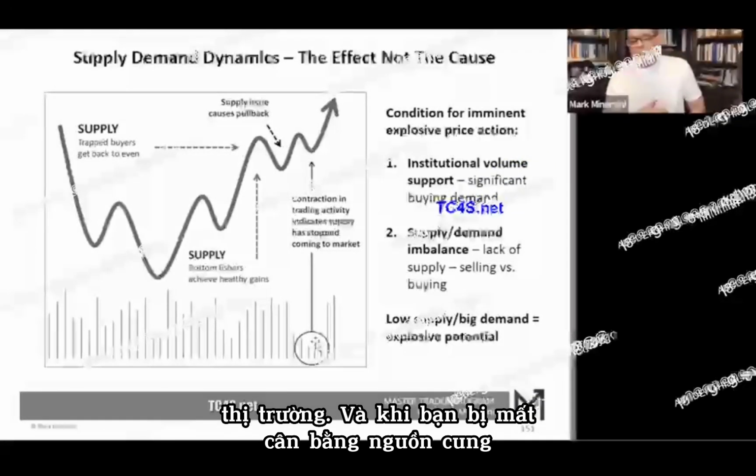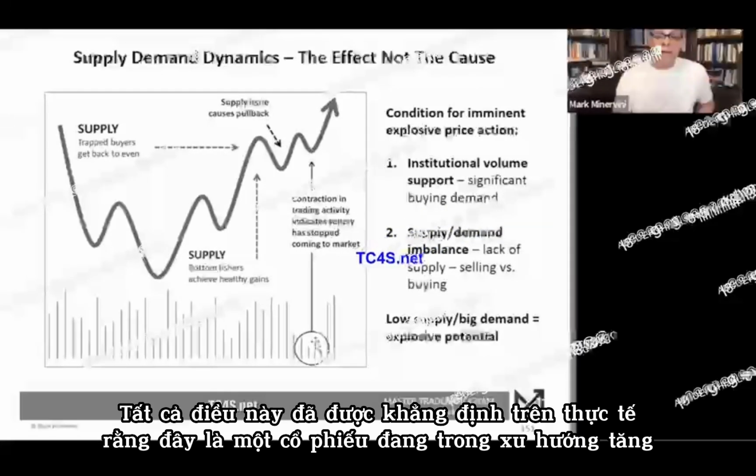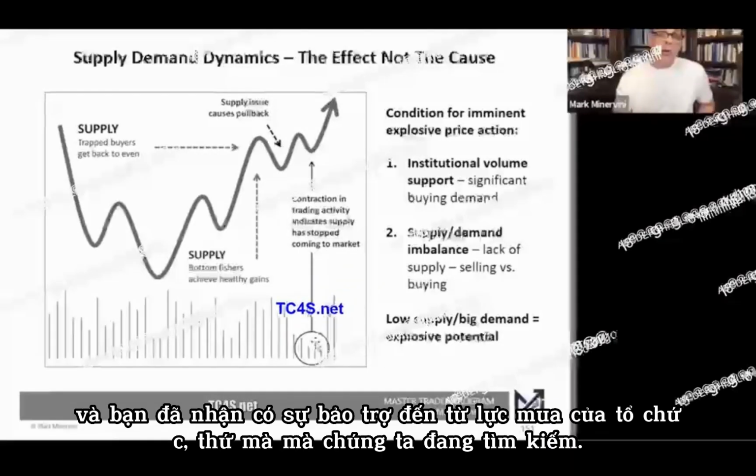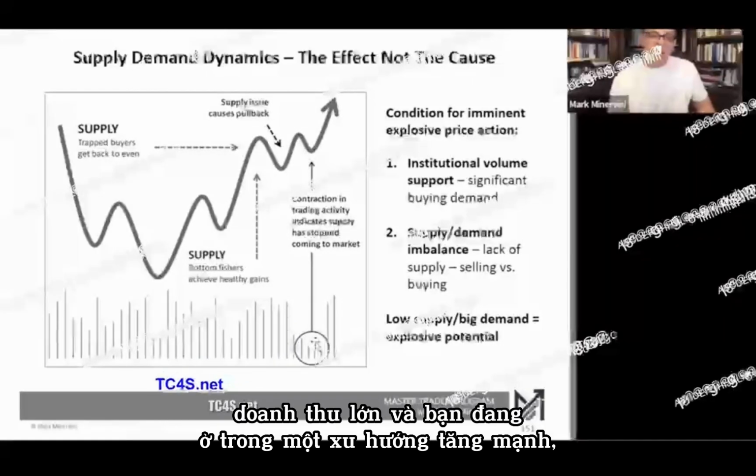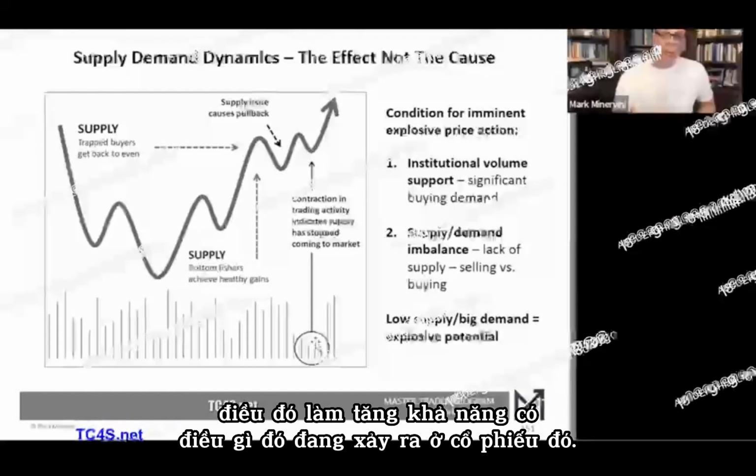And when you get this supply imbalance, now this is all predicated on the fact that this is a stock that's in an uptrend, and you've got that institutional sponsorship that we're looking for. There's an appetite for this stock, and if you've got big earnings, you've got big sales, and you're in a strong uptrend, well, that increases the probability that there's something going on there.